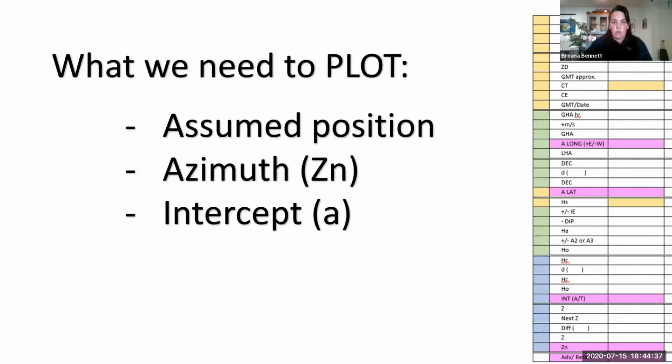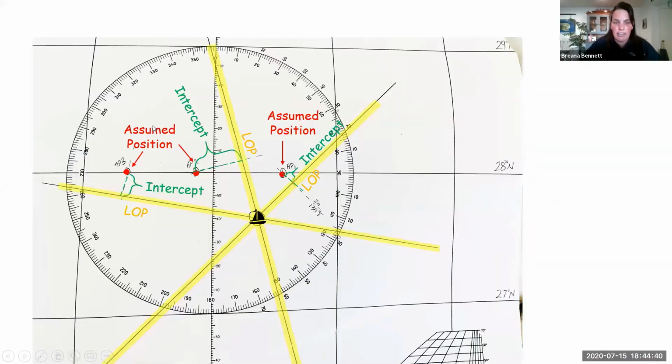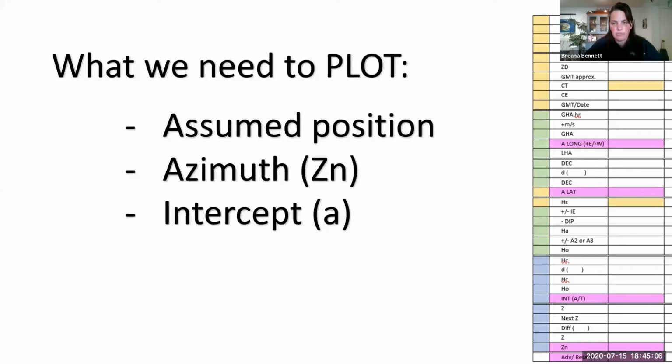Okay, so what do we need to plot this position? We need assumed position, bearing, and intercept. Those are the three things that we need to plot for each LOP. An assumed position, the ZN, which is the direction of the line, and then the intercept is the distance of how far you're going on your azimuth line.